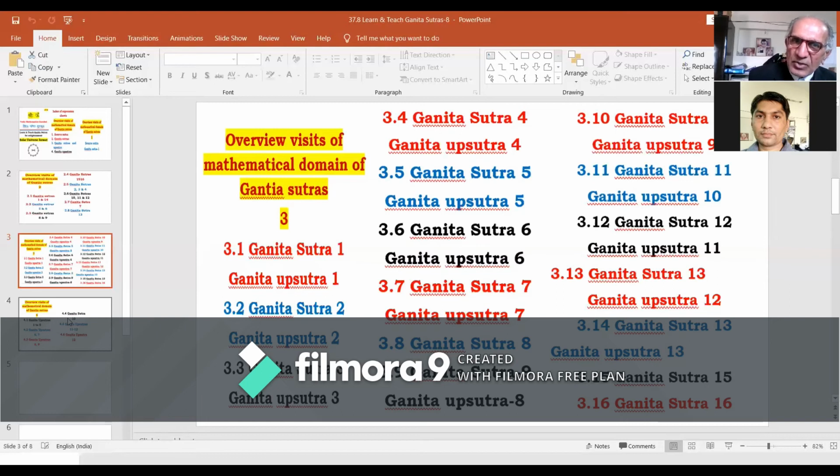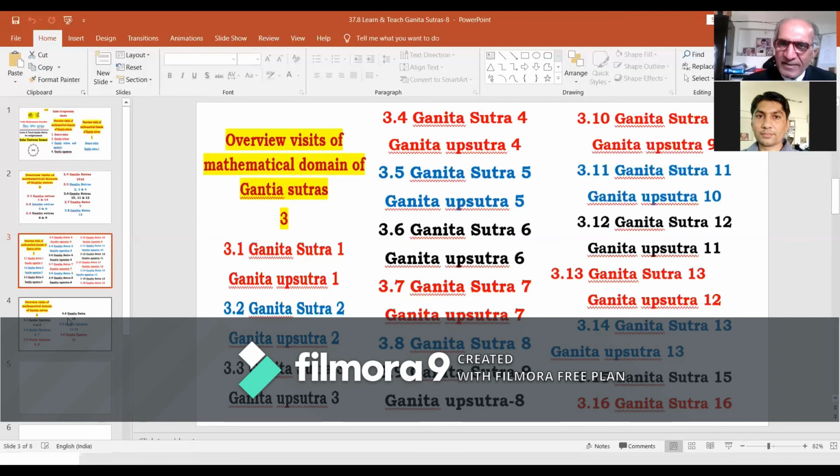Likewise, Ganita Sutra 2 and Ganita Upsutra 2, Ganita Sutra 3 and Upsutra 3, and we will reach up till Ganita Sutra 7 and Ganita Upsutra 7. These 7 steps of overview as such are having attainment of continuity, starting with the mathematical domain of Ganita Sutra 1 and having a reach up till the mathematical domain of Ganita Sutra 7.